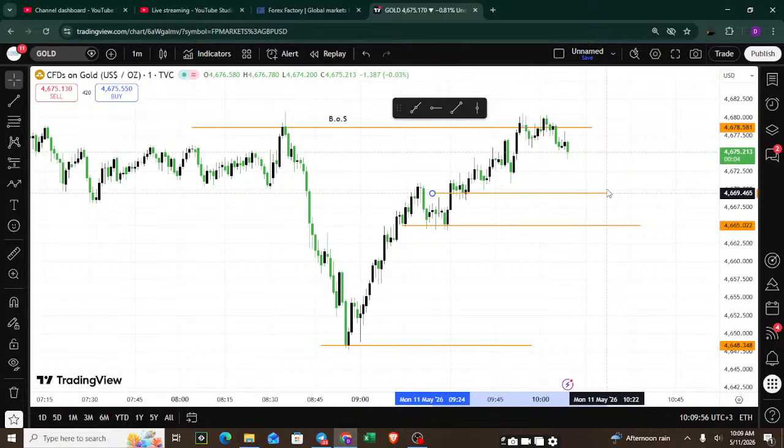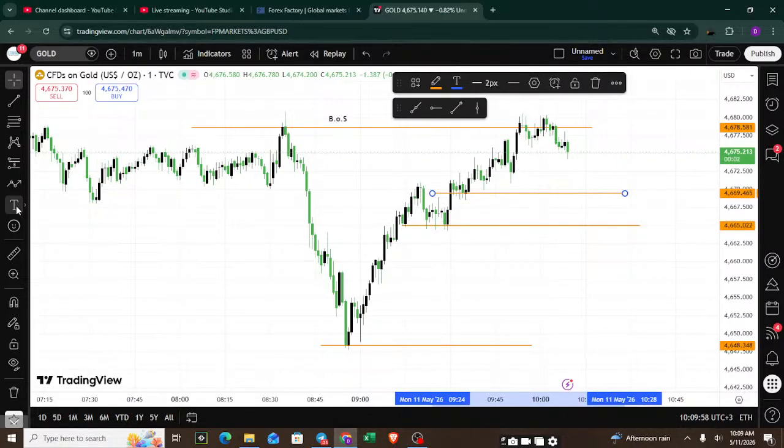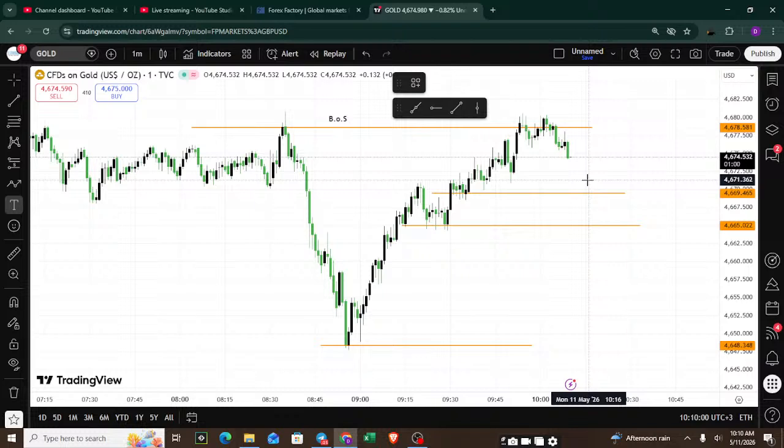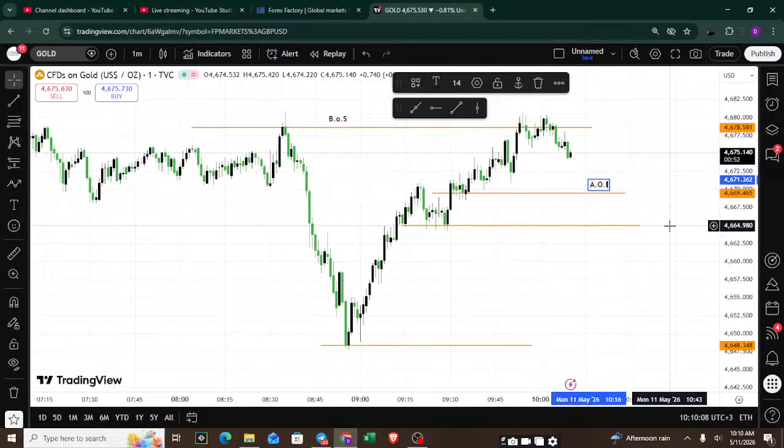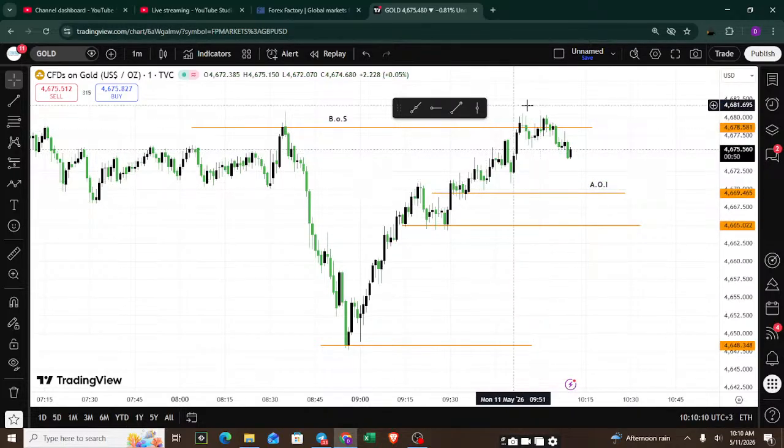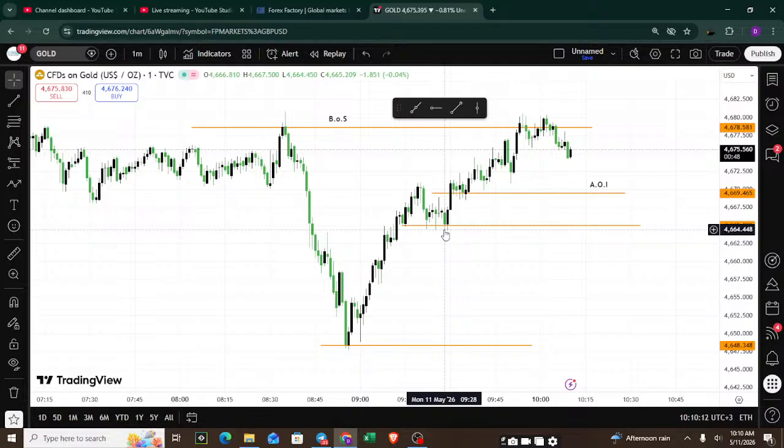So this will be our area of interest right now. Area of interest from this level to this level. Then we get a sweet spot here.